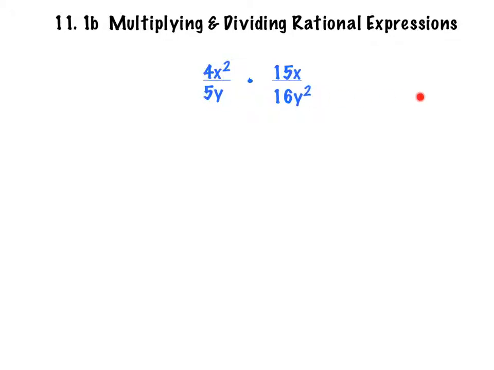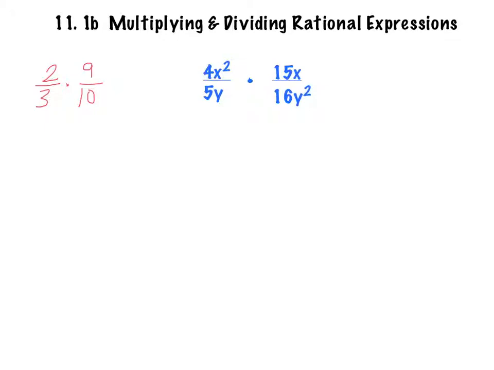However, it is nice to try to reduce before you multiply. That can make your life a little bit easier, and this one definitely has some reducing that you can do. Let me throw over here an example with just numbers. If you had 2/3 times, let's say, 9/10, I could multiply straight across, but it's nice to be able to reduce.